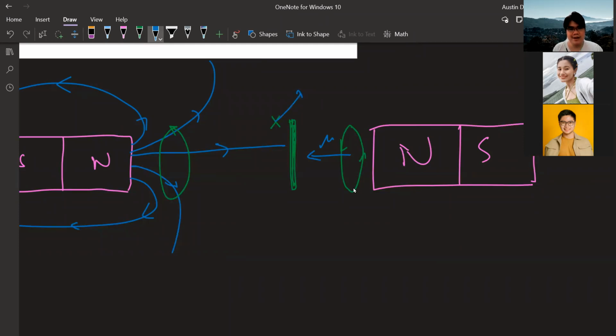Okay, so meron siyang vertical component and horizontal component.